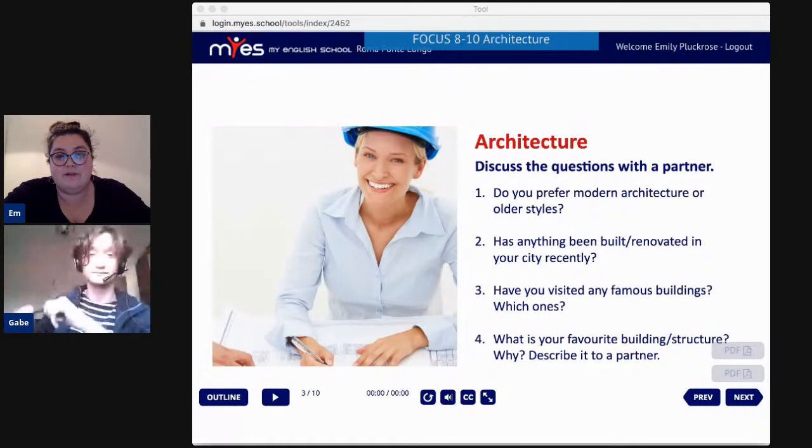Yeah, and we've got a spread from cities around. Well, we have Genova, we have Milan, and Gallarate, which I'm led to believe is Milan as well. Has there anything been built or renovated in your city recently, guys?